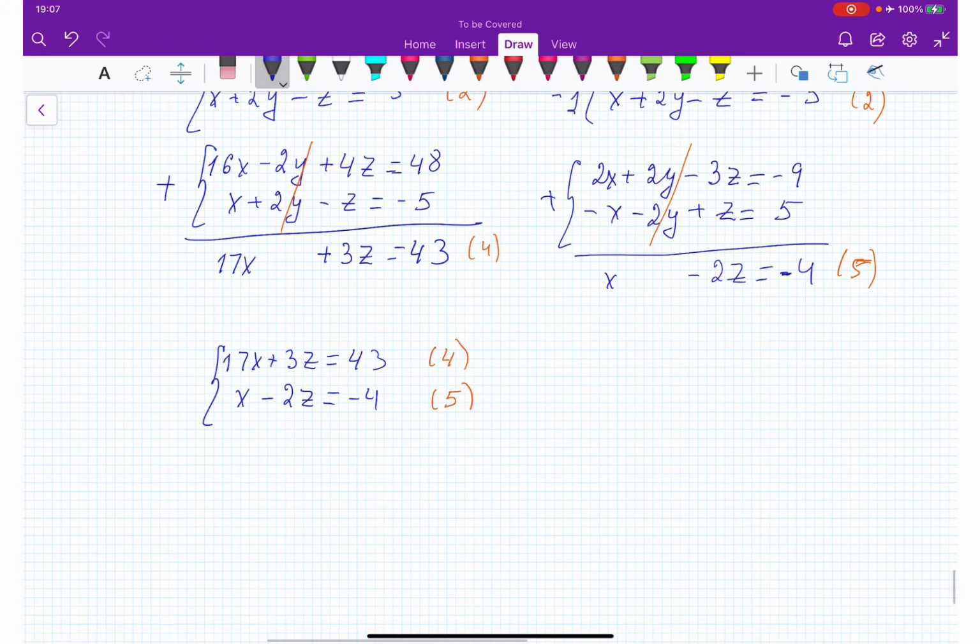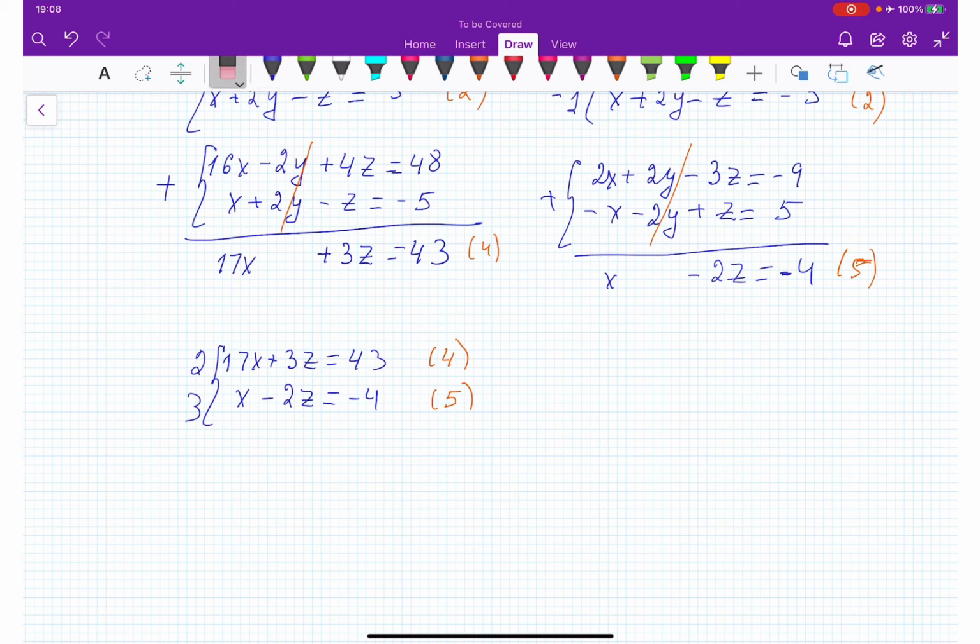Okay, let's solve it. What am I going to do here? I have two choices. One, multiply equation number 5 by negative 17, to get negative 17x and cancel each other's x. Or if we want to eliminate z, then the first one I have to multiply by 2 to get 6z, the second one multiply by 3 to get negative 6z.